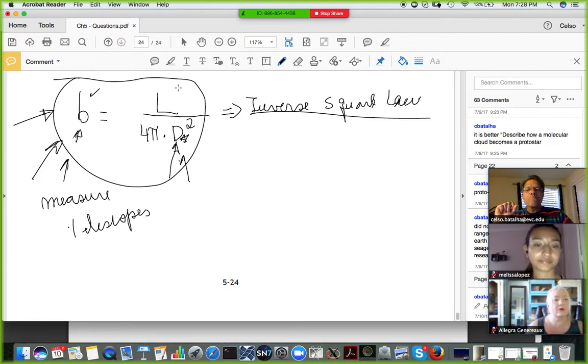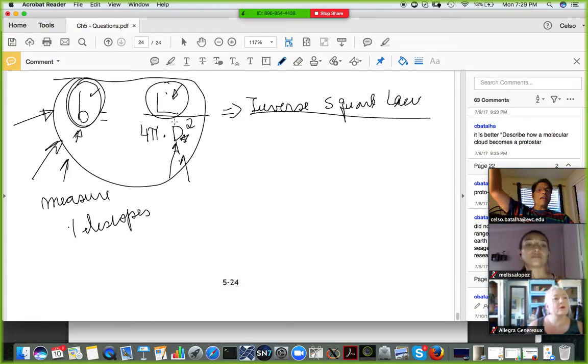Now look at this. Imagine you have some information about that star. Imagine you're observing a star that for all purposes is very similar to our sun. We know how luminous the sun is. We know how much energy the sun is producing over a certain period of time. So we have access to this quantity, luminosity. In other words, let's say we happen to find tools to determine L, the luminosity, the amount of energy the object itself is putting out into space.